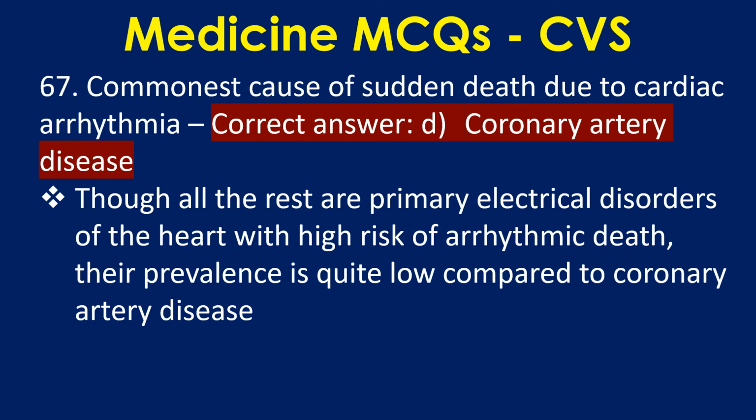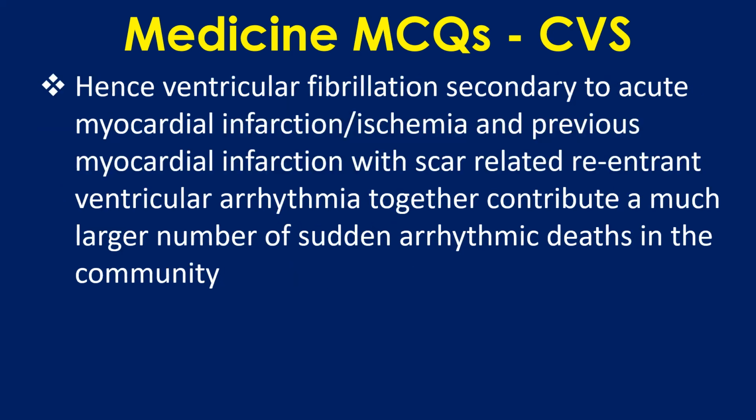Though all the rest are primary electrical disorders of the heart with high risk of arrhythmic death, their prevalence is quite low compared to coronary artery disease. Hence, ventricular fibrillation secondary to acute myocardial infarction or ischemia and previous myocardial infarction with scar-related reentrant ventricular arrhythmia together contribute a much larger number of sudden arrhythmic deaths in the community.